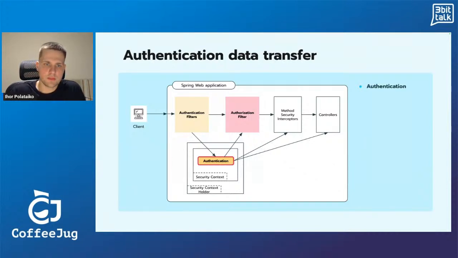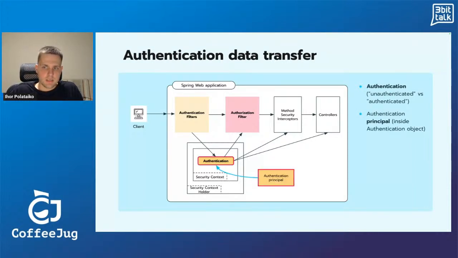And authentication object has basically two purposes. It can be used for transferring credentials about yet unauthenticated request, and we will call it unauthenticated authentication, or it can be leveraged for transferring credentials of authenticated requests, and I will call it authenticated authentication.